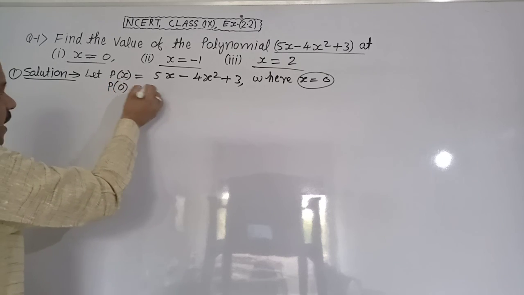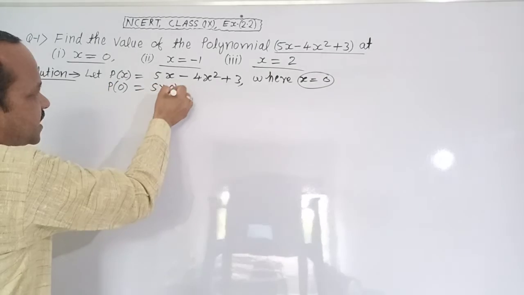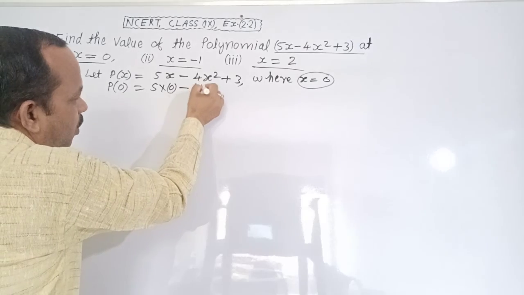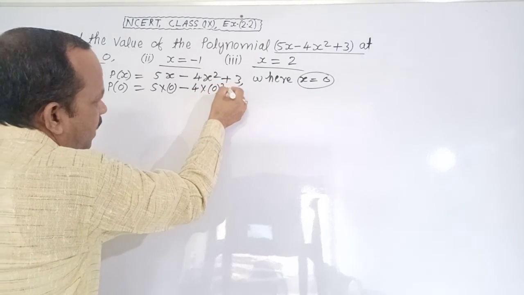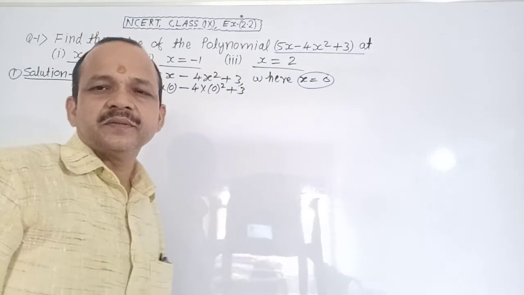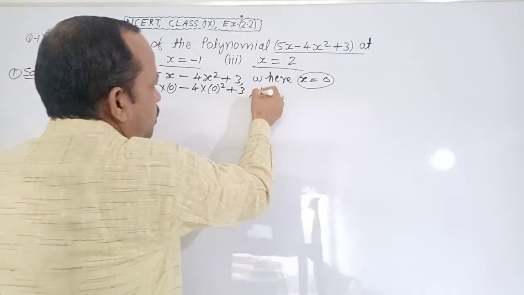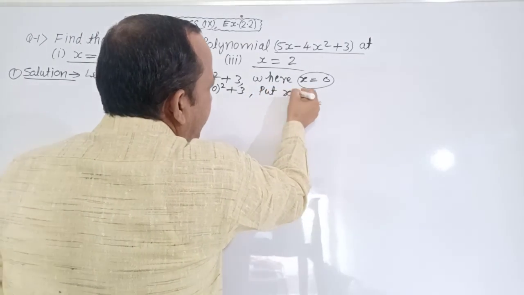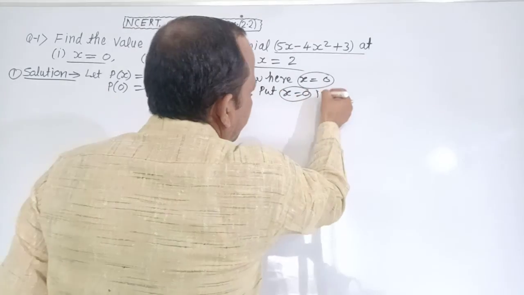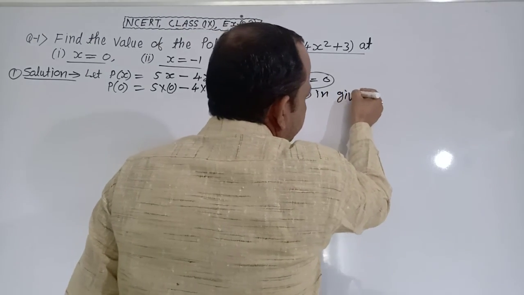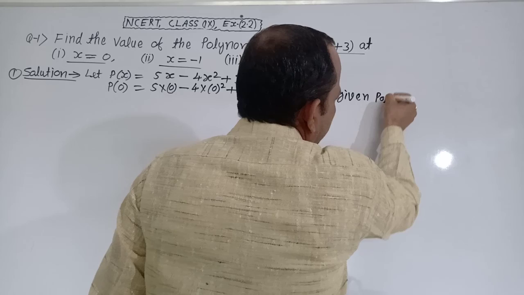P(0) equals 5 multiplied by 0 minus 4 multiplied by 0 square plus 3. It is clear? Put x equal to 0 in the given polynomial.